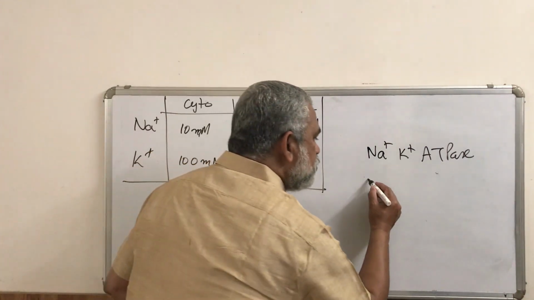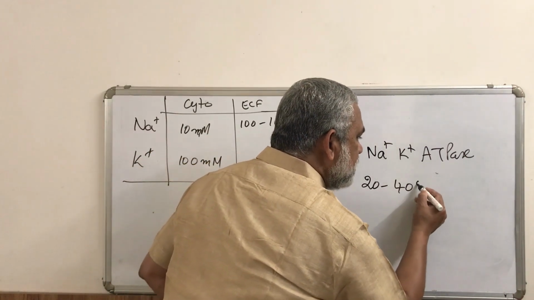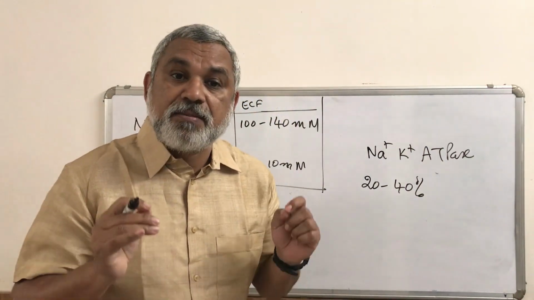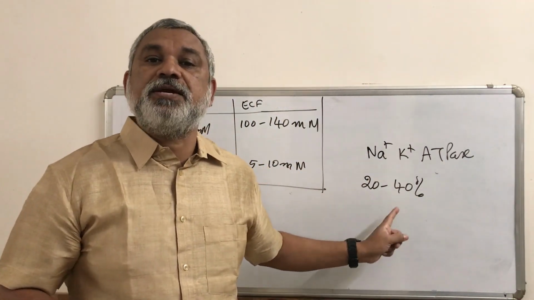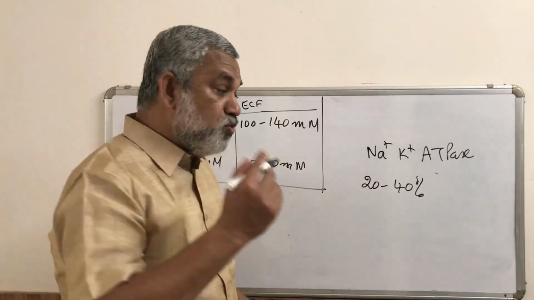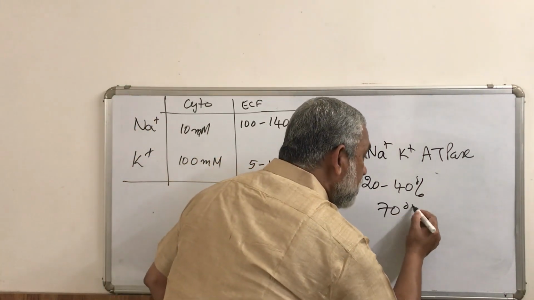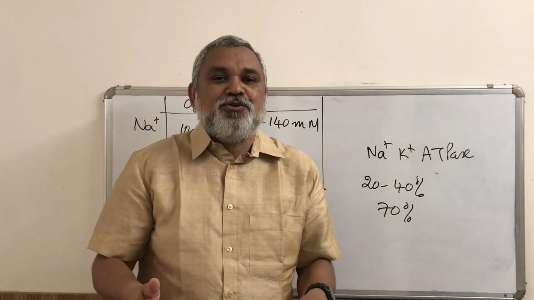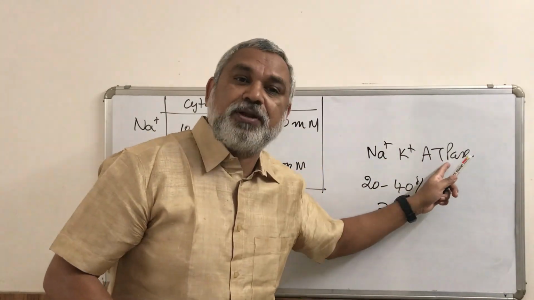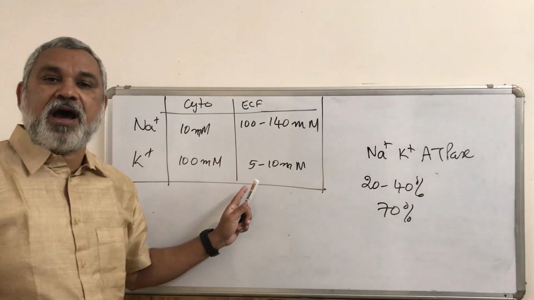Roughly about 20 to 40% of the total metabolic energy is utilized by this sodium potassium ATPase. In a neuron, it may go up to 70% of the metabolic energy for maintaining this ionic balance.